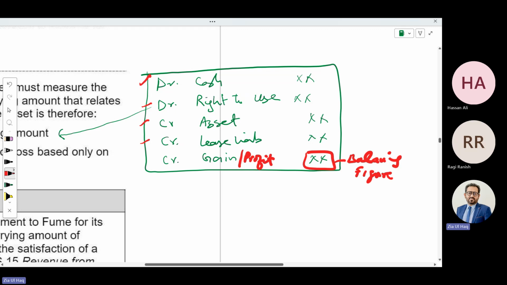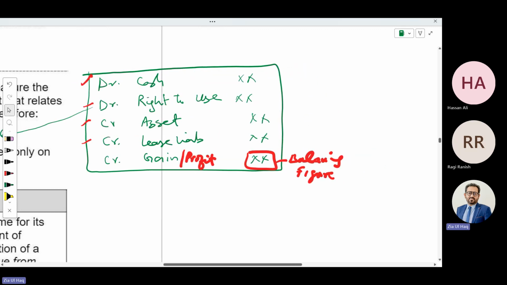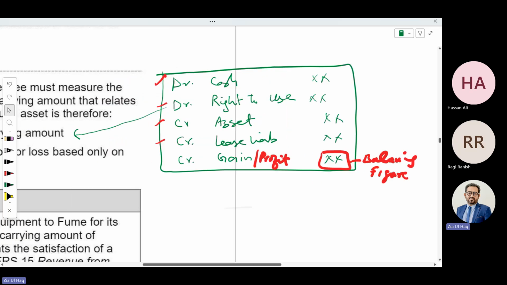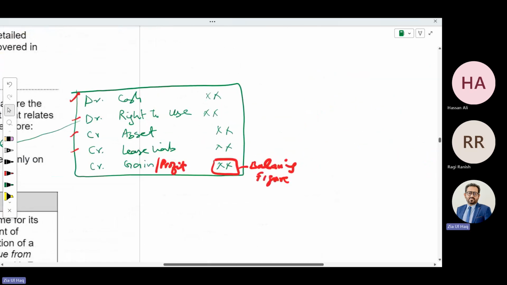And if there is any mismatch between debit and credit, that will be gain or profit. Is that fine? But this value of the right of use asset, we need to calculate using a formula. What is the formula? I can write it.